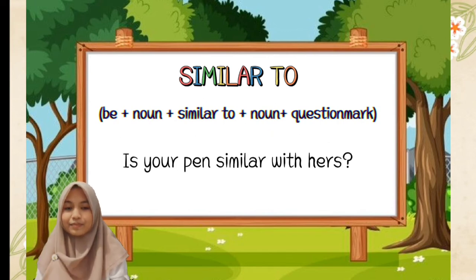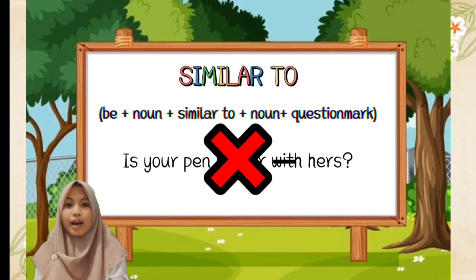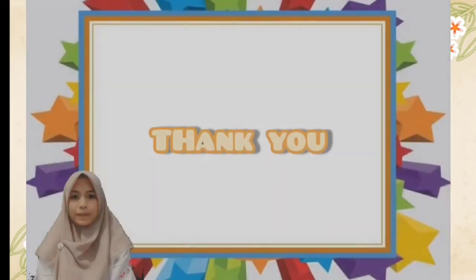Second sentence, is your pen similar with hers? This sentence doesn't match the formula because there is the word with behind the word similar. It must be similar to. So the sentence is incorrect.